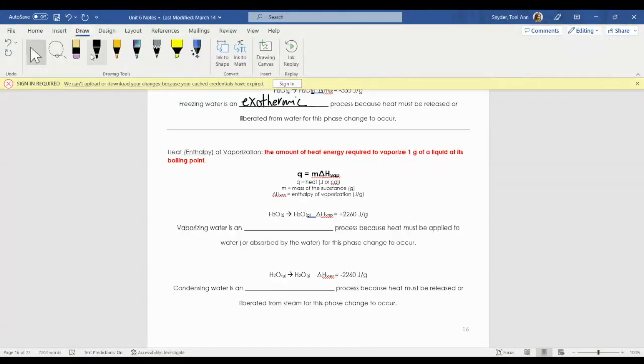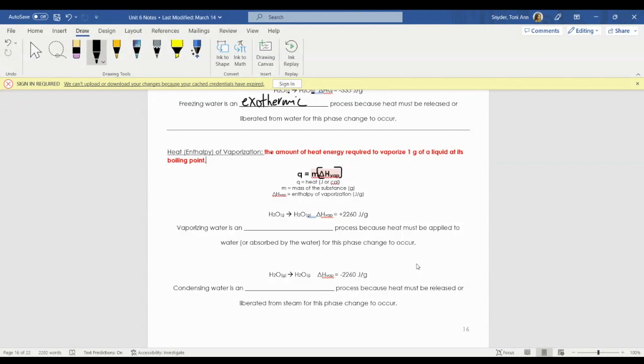So let's consider here. Same exact equation. The only thing you're changing is this value, because remember, this delta H of vaporization depends on the nature of the material itself. That includes intermolecular forces and all of that.